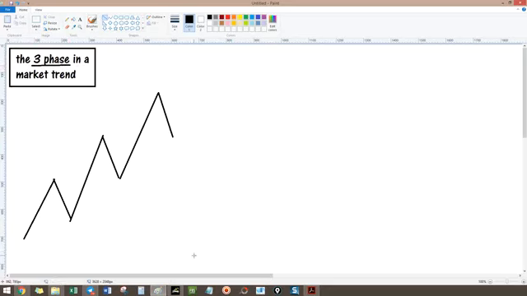All right, so you have something like this in an uptrend market. So this is called the accumulation, and then you do the markup, and then you do the reaccumulation, and then you do the markup again, and this one is the excessive.